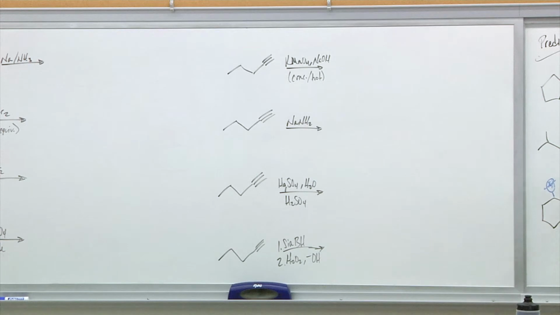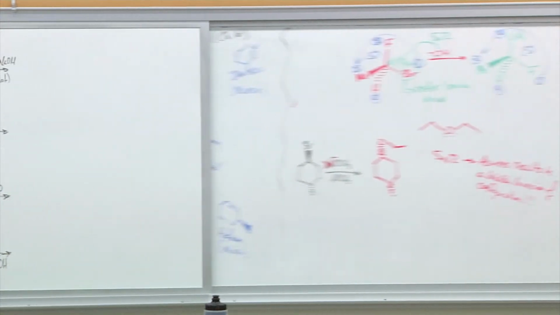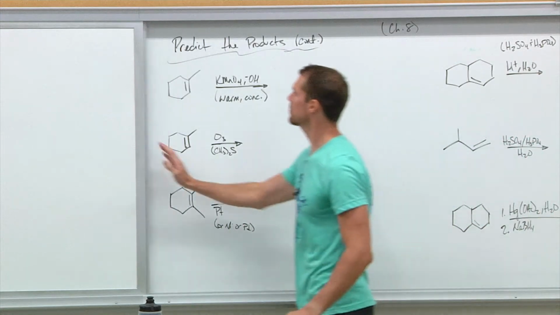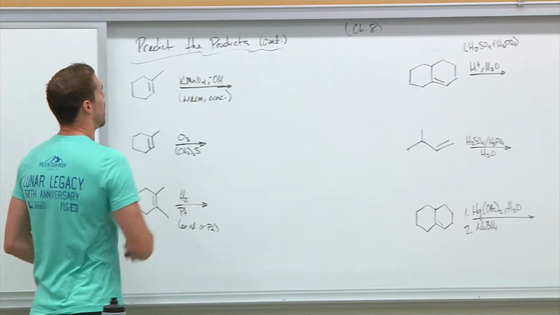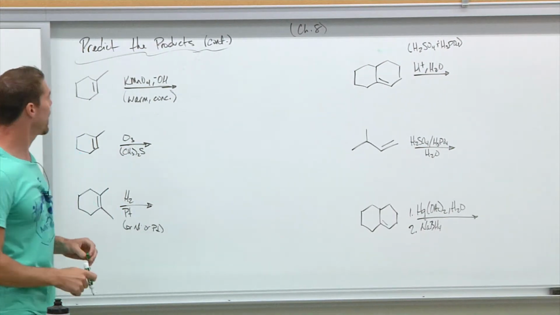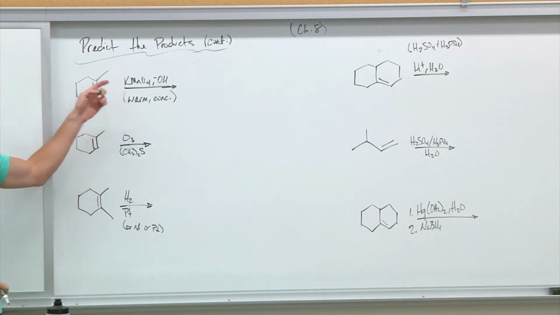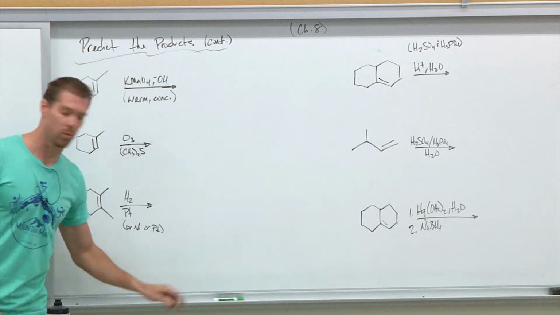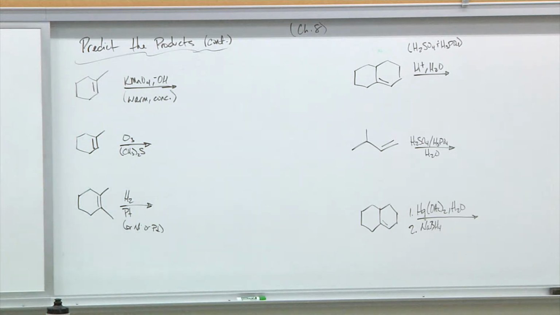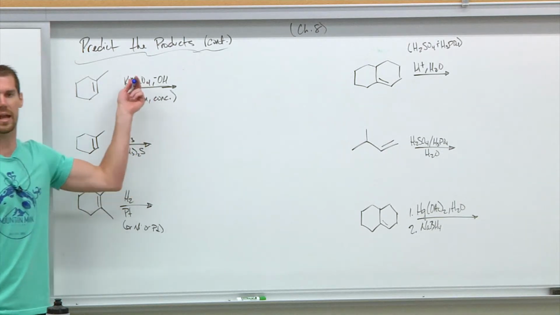Oh, we already did this one. Okay, so we had potassium permanganate cold dilute. Now we have potassium permanganate warm and concentrated. Well, when you increase the temperature, increase the kinetic energy, this is an oxidizing agent, right?